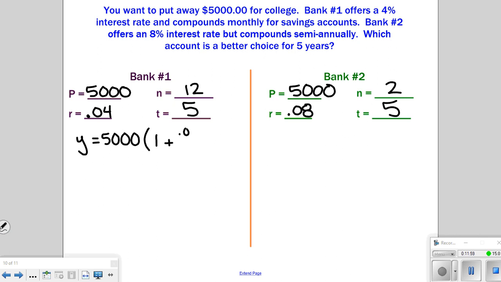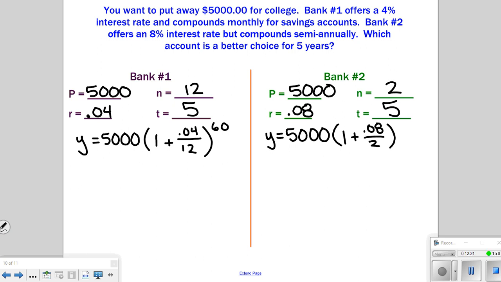Our n times our t is going to be 60 in this case. And we'll go ahead over here and write our equation. And our n times our t is going to be 10 in that case. So now I can go ahead and type both of these in on the calculator and figure out what the answer would be.